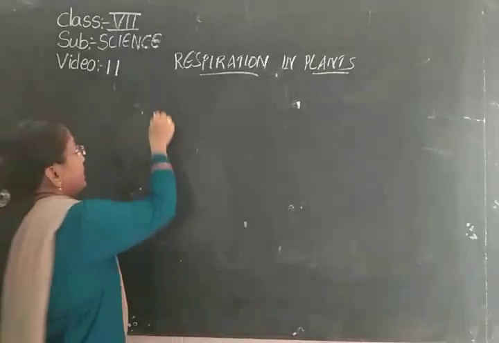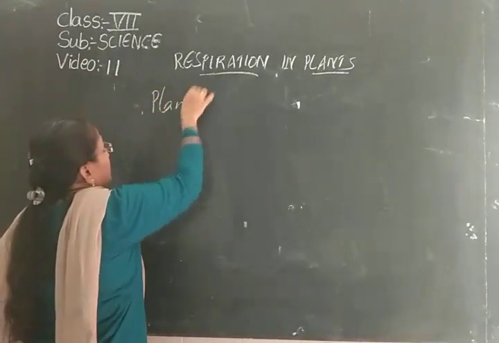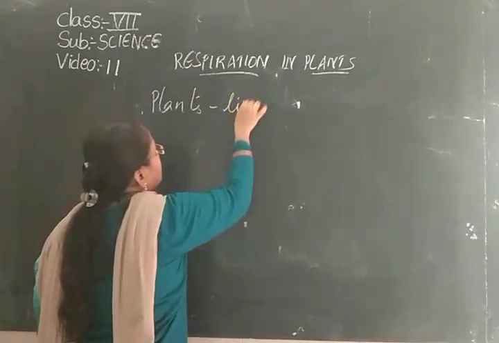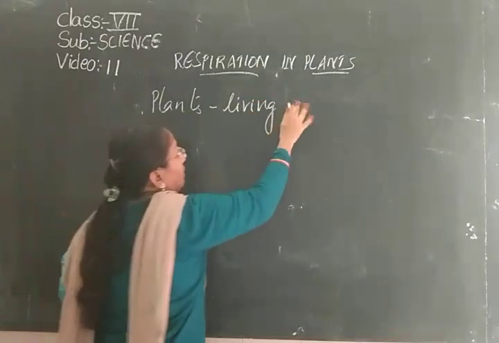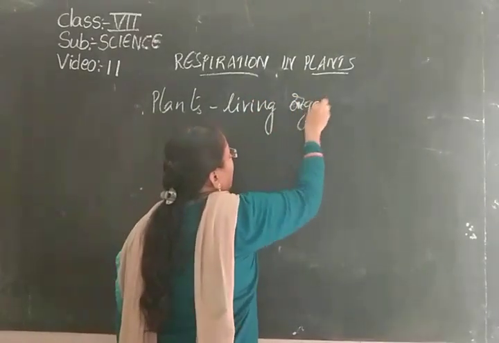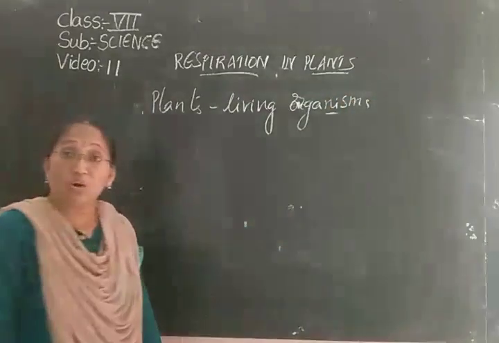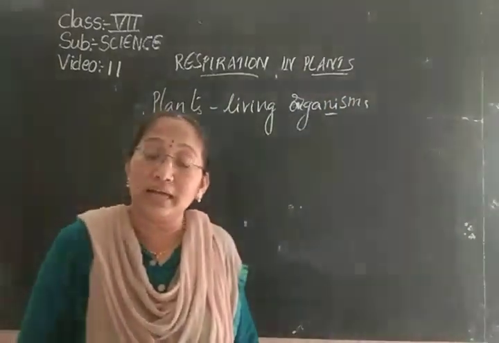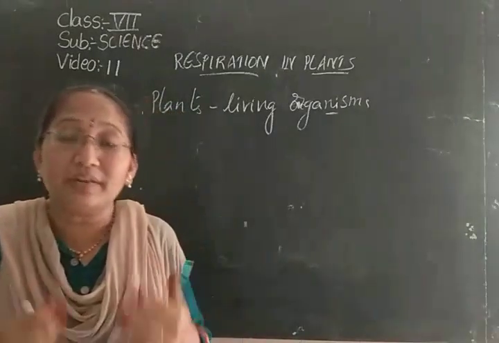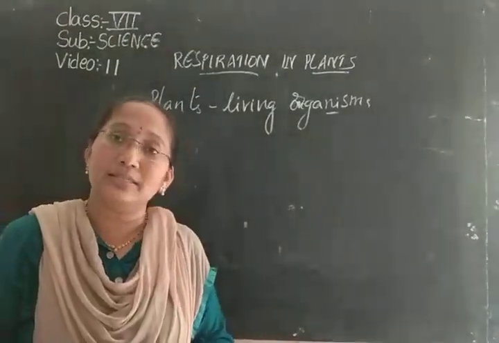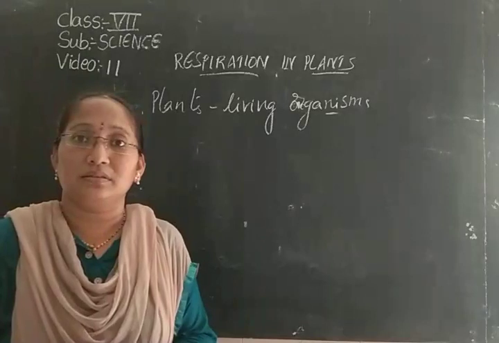Yes, plants are also living organisms, isn't it? Plants are also living organisms. Now, do they have a particular nose, particular lungs, a particular respiratory system like us and animals?